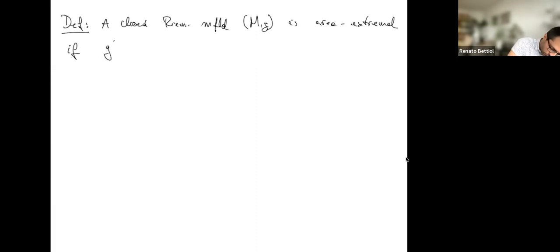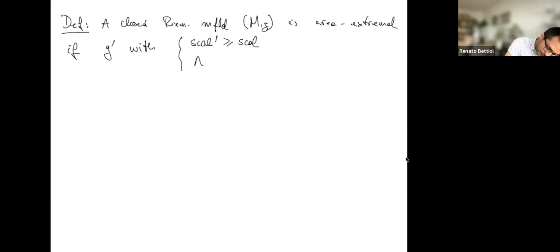So if any g' that has scalar curvature bigger or equal than scalar g, the original guy, and elements of area along all surfaces bigger than or equal to the original elements of area.